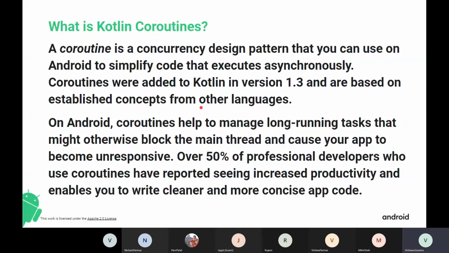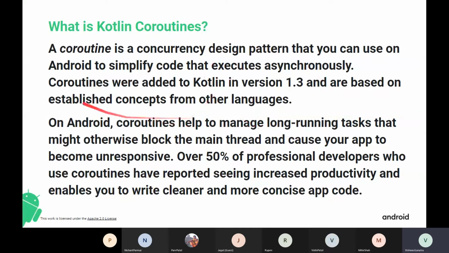Kotlin coroutines. A coroutine is a concurrency design pattern that you can use on Android to simplify code that executes asynchronously. A coroutine is specially used in Kotlin and also in several other languages. Coroutines were added in Kotlin in version 1.3 and are based on established concepts from other languages.